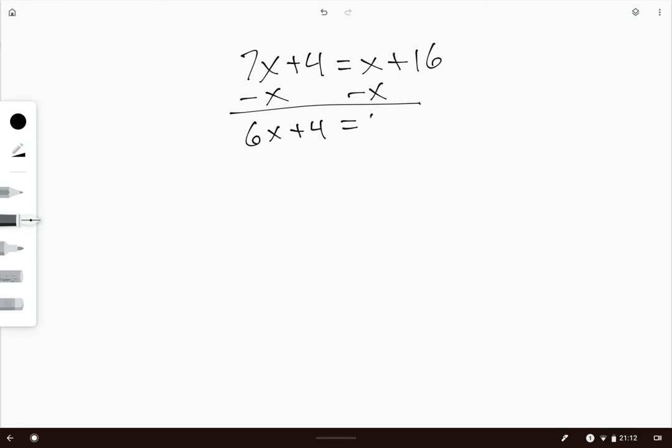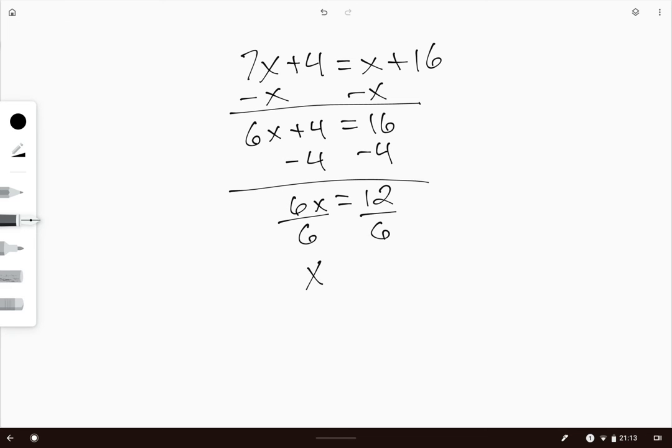Plus 4 is going to equal 16. Now I subtract 4 from both sides because that's the opposite of adding 4. So I have 6x equals 16 minus 4, which is 12. Divide both sides by 6. So x is going to equal 2.